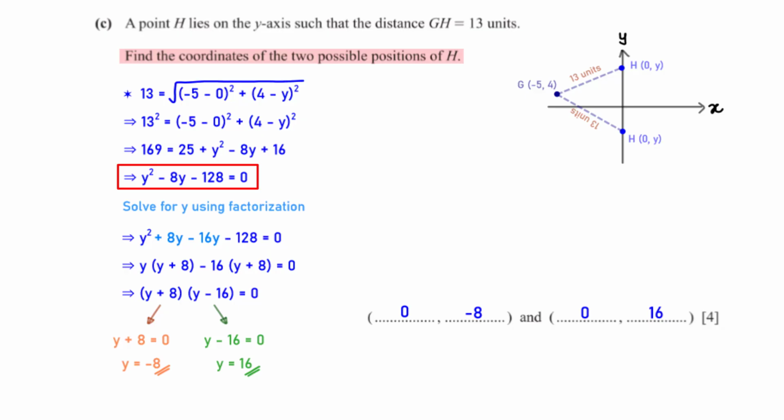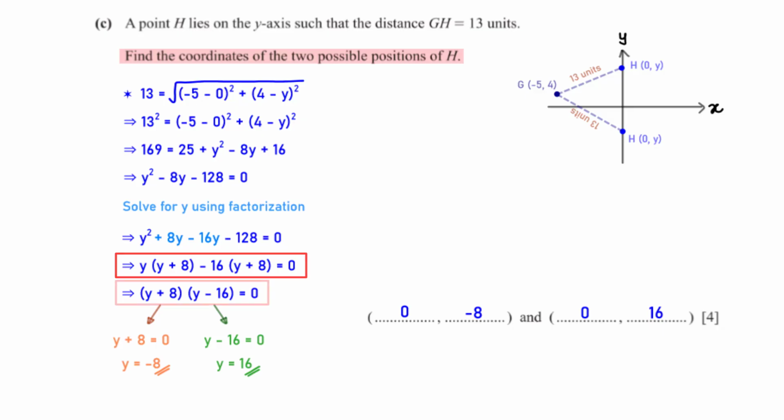We can solve for y using the factorization method. We can rewrite minus 8y as 8y minus 16y. For the first two terms, when we factor out y, we are left with y plus 8. And for the final two terms, when we factor out -16, we are left with y plus 8.